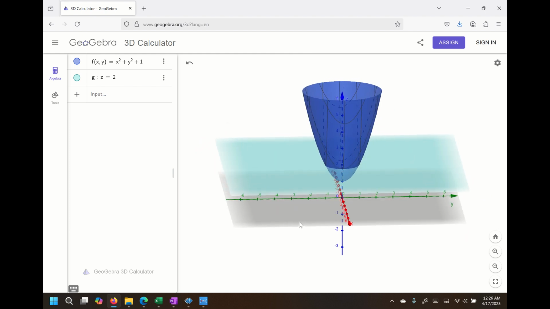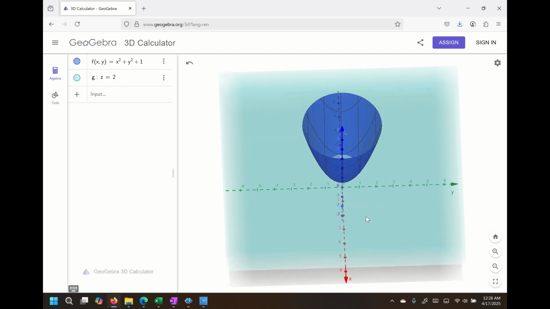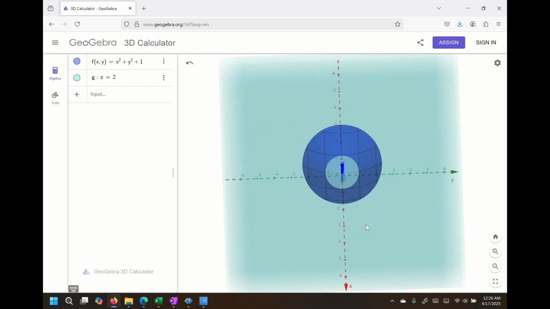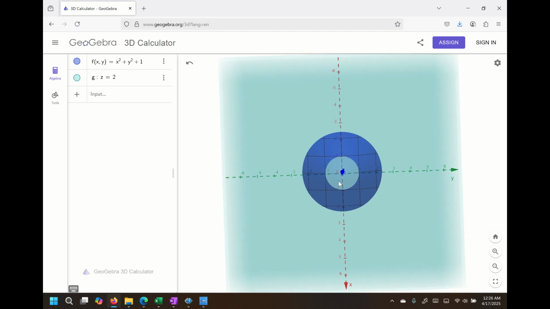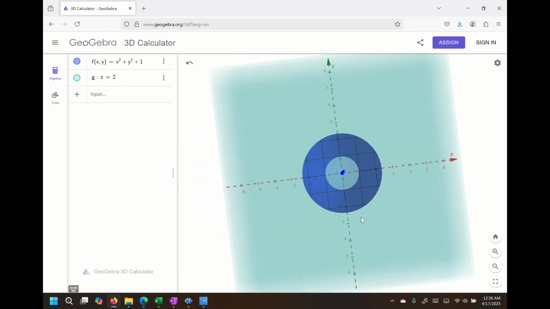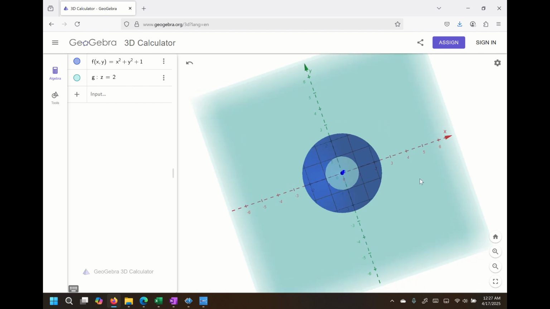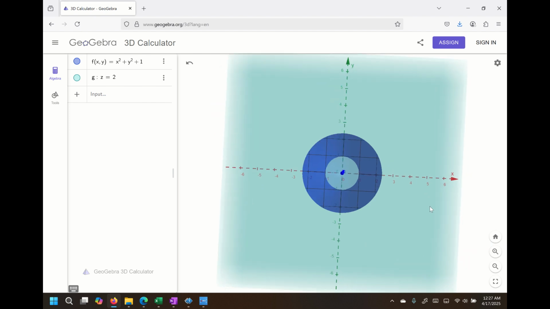And look at where these are intersecting. If we tilt this in just the right way, we see that the x's and y's where these two graphs intersect make up a circle. And when I tilt this graph in just the right way and consider the x's and the y's on the xy plane, this is the graph of a circle of radius 1.